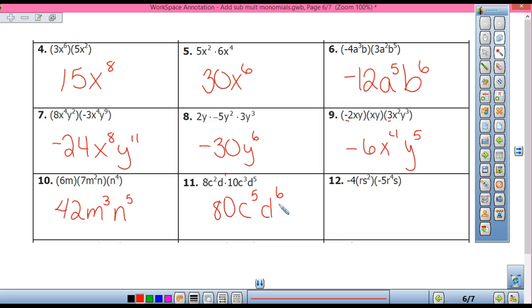John S. Ooh, careful. Okay, careful here. We're going to multiply our coefficients. So take your negative 4 times your negative 5. There you go, 20 r to the 5th. S to the 3rd. Good.